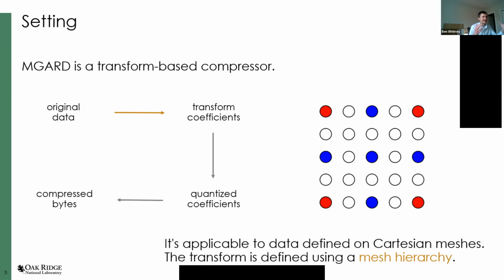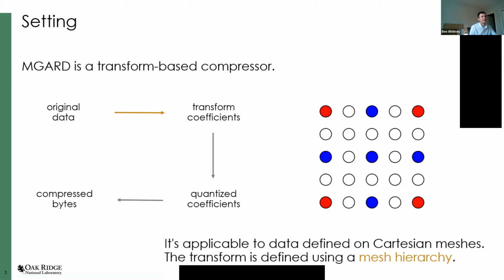So your data is given to you as an array of floating point numbers. And in MGARD, we interpret that as the values taken by some function at the nodes of a Cartesian mesh. Here, all the circles represent the points in a grid.